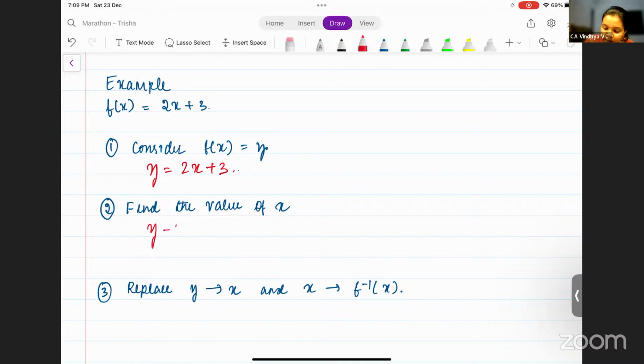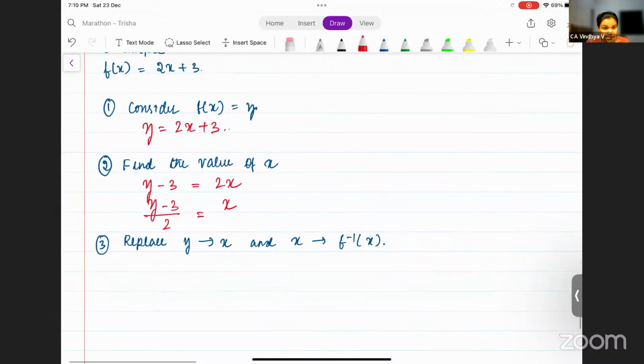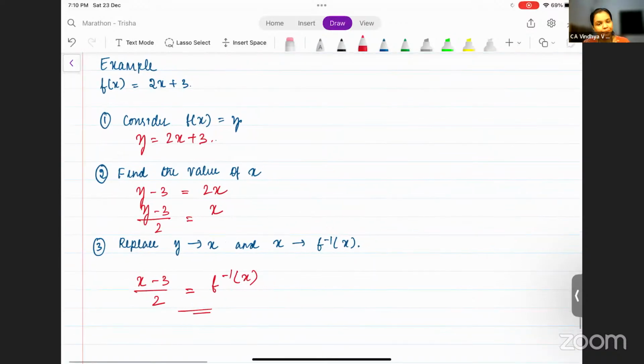What you'll get: y minus 3 is equal to 2x, so y minus 3 divided by 2 is equal to x. Is this clear? Lastly, replace y with x and replace x with f inverse of x. This is your answer. So this is how you find the inverse function.